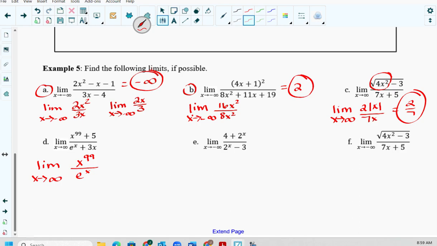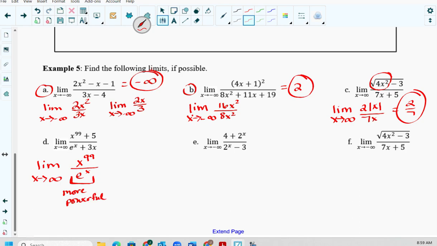We have to figure out essentially which is stronger, which will overpower the other one. What do you think is going to grow the fastest towards infinity? x to the 99th or e to the x? e to the x is the right answer. Exponential, meaning the variable is in the exponent. This is more powerful, okay? It overtakes the other one.